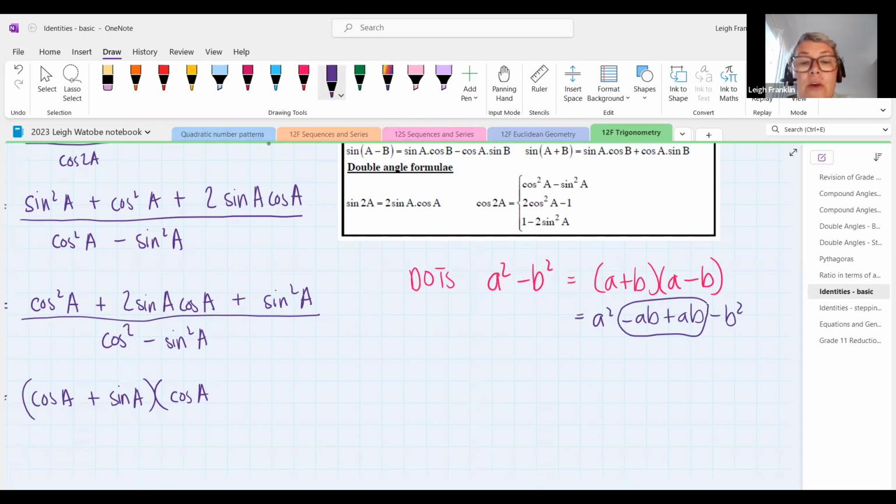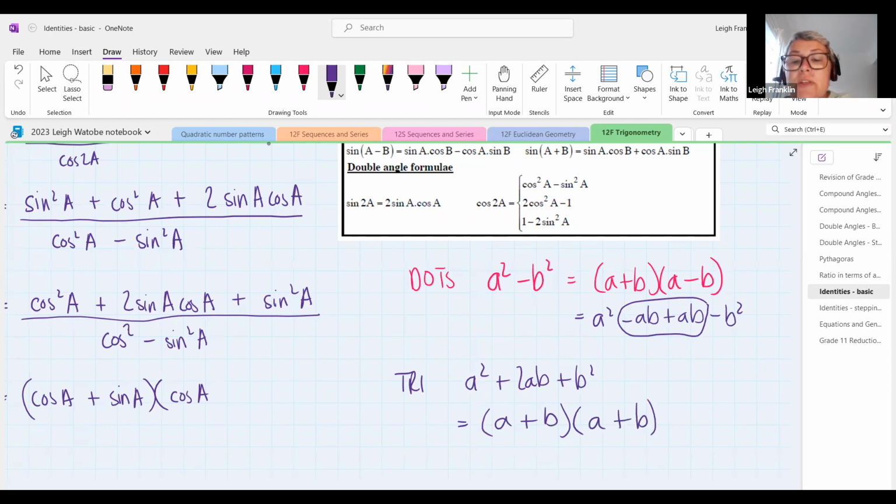When you are working with a trinomial, in other words, if I've got a squared plus 2ab plus b squared, now I've got a middle term over here. It's also not a difference of two squares, but what I've got here is a plus b, and then here I've got a plus b. So this is a perfect square trinomial.